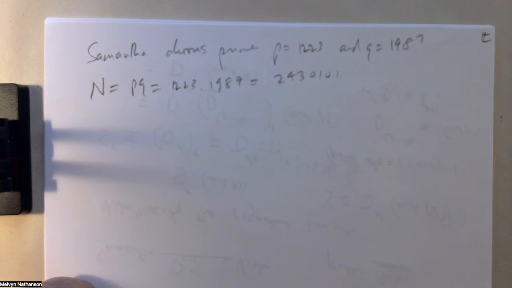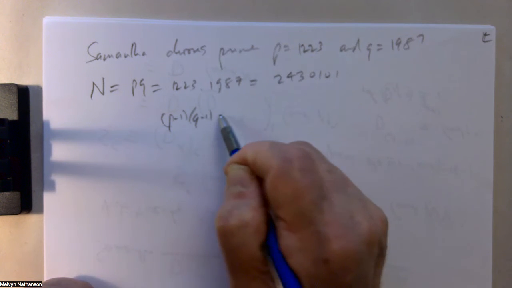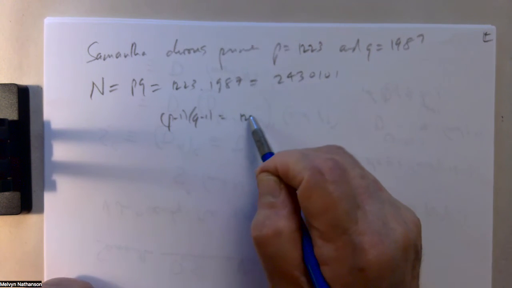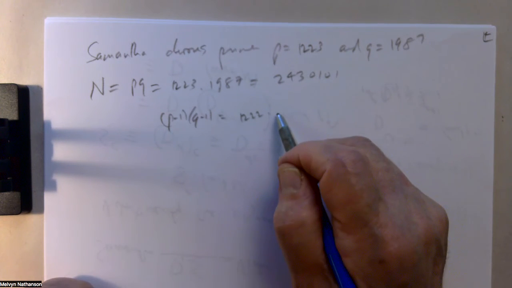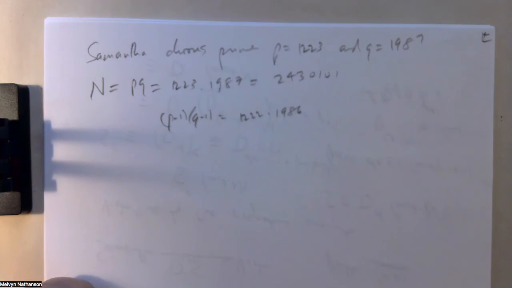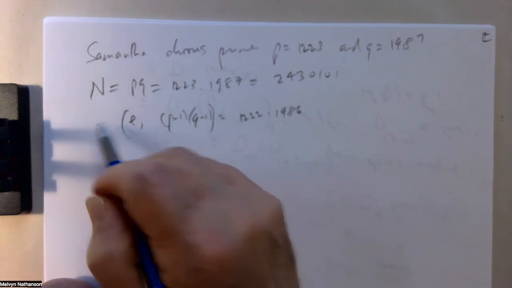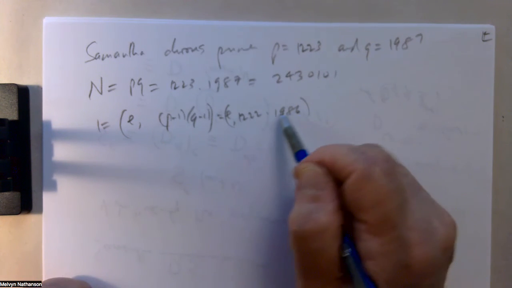And P minus 1 times Q minus 1, if you multiply them together. P is 1223, so P minus 1 is 1222. Q is 1987, so Q minus 1 is 1986. And we want to find a number E such that E is relatively prime to this integer.